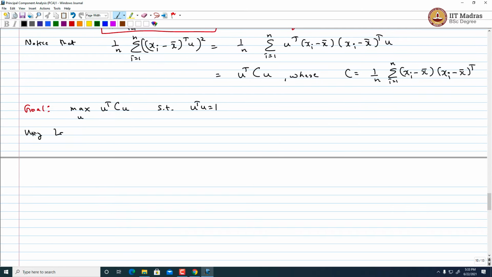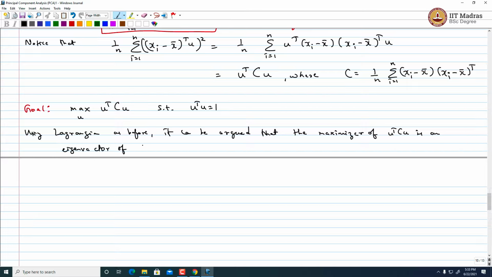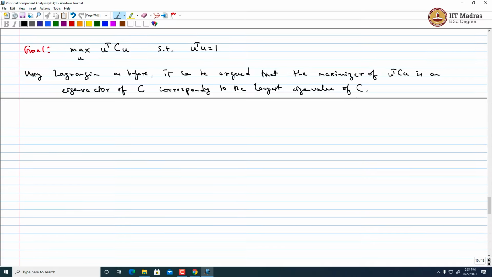Now using Lagrangian as before, it can be argued that the maximizer of u transpose Cu is an eigenvector of C corresponding to the largest eigenvalue of C. Of course, you can write down the Lagrangian, do the derivative and argue this.